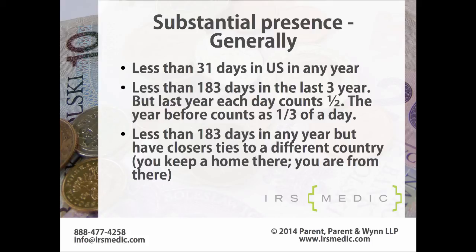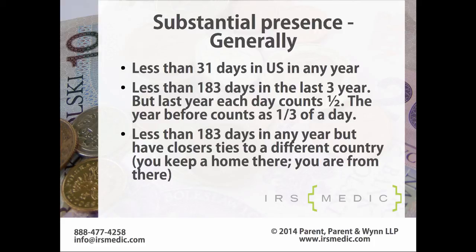If you were in the U.S. for over 31 days, then we have to go through the other test: less than 183 days in the last 3 years total. But the way the substantial presence test works is that for the year before, each day counts as half, and for the year before that, each day counts as a third of a day.